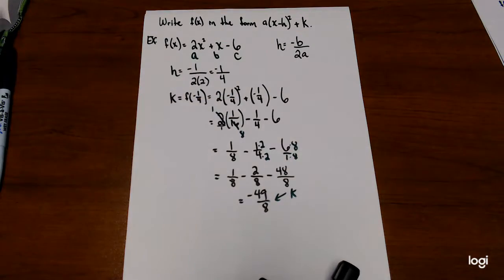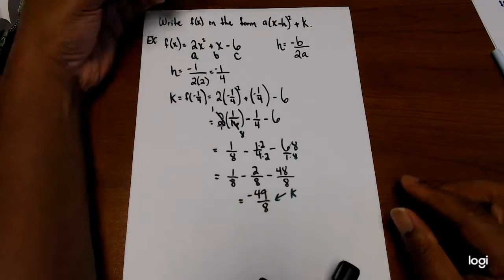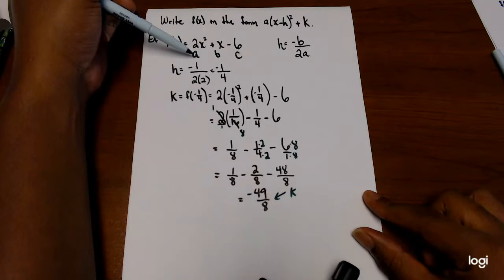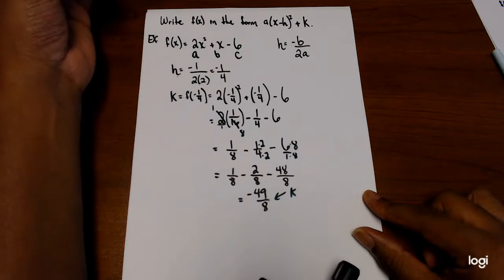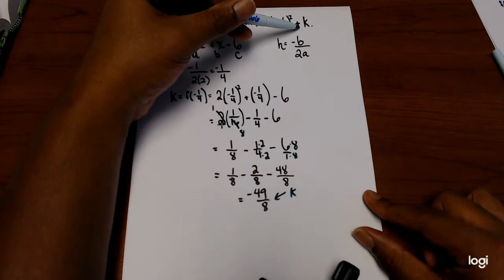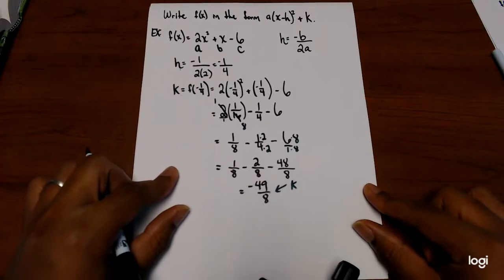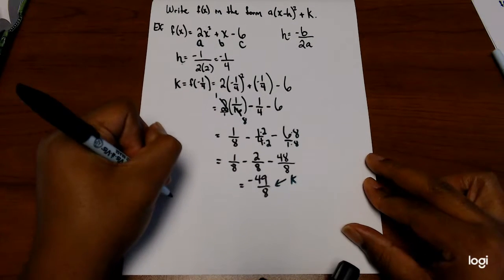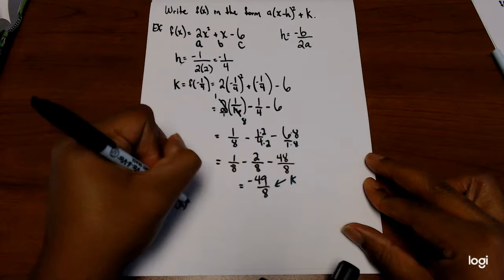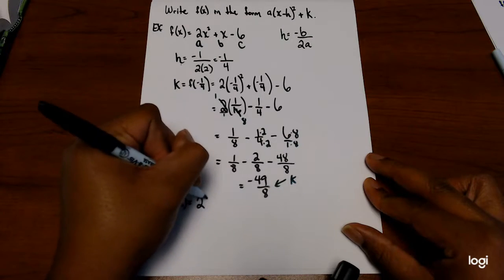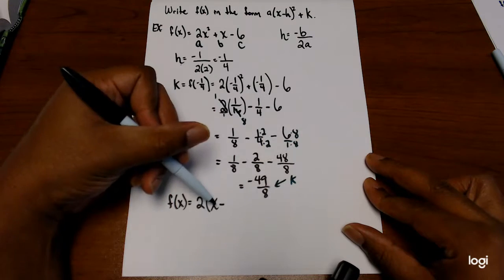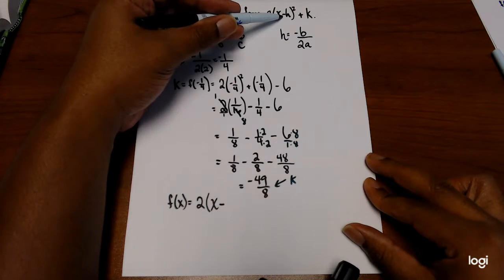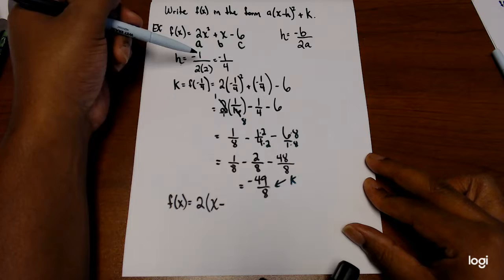And we are all done, right? Remember, because this a here matches the a that we see in standard form, we found h to be negative 1/4, and we found k. So let's write this out. f of x is equal to 2 times x minus, the minus comes from vertex form, but what are we subtracting?